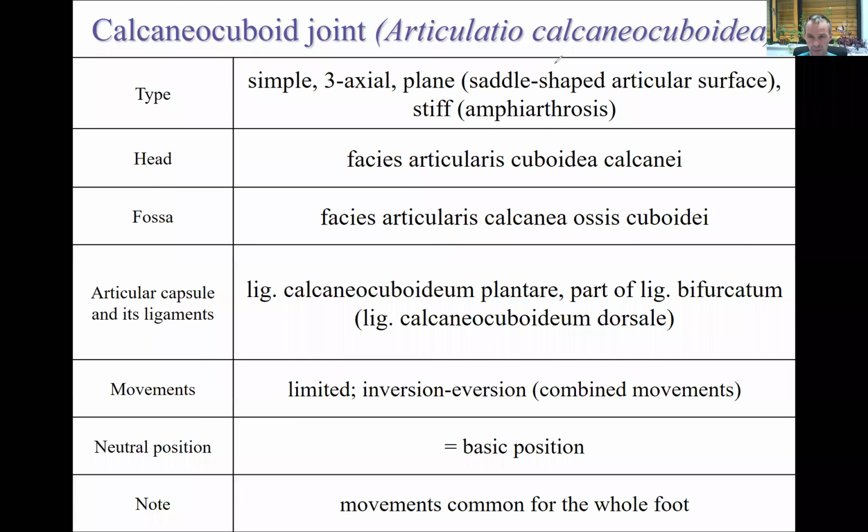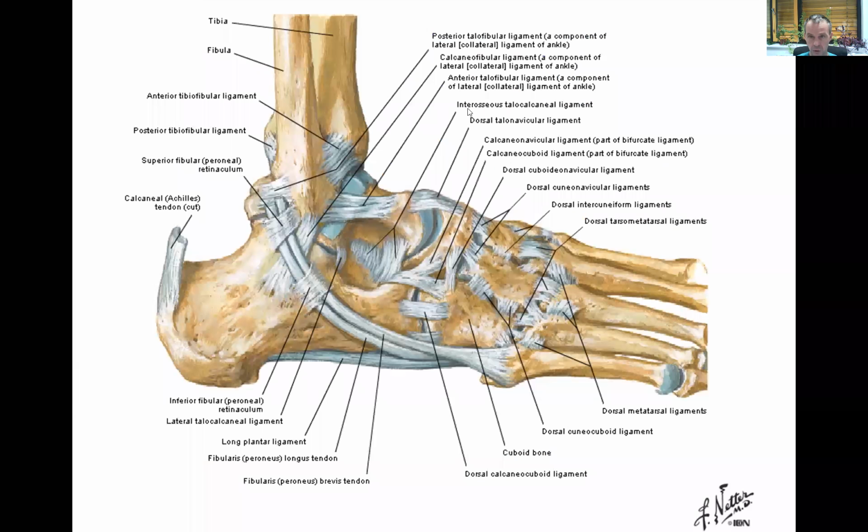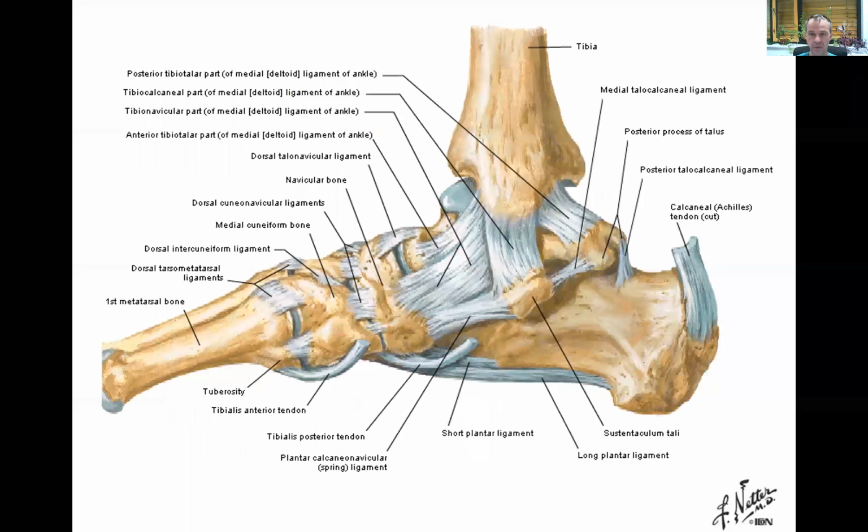So this is a very anatomically easy joint, which we can see here, the calcaneocuboid joint, and you can see here the dorsal calcaneocuboid ligament. The plantar would be from below. Yeah? And you can see it's a plain joint with a not nicely shaped articular surface, so it's amphiarthrosis, similar to the sacroiliac joint. Yeah? It's also a plain joint with uneven surfaces.